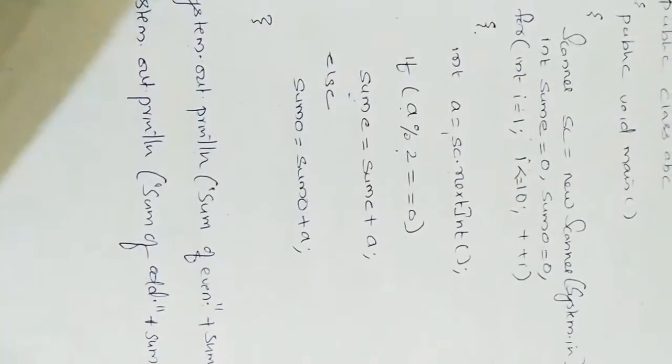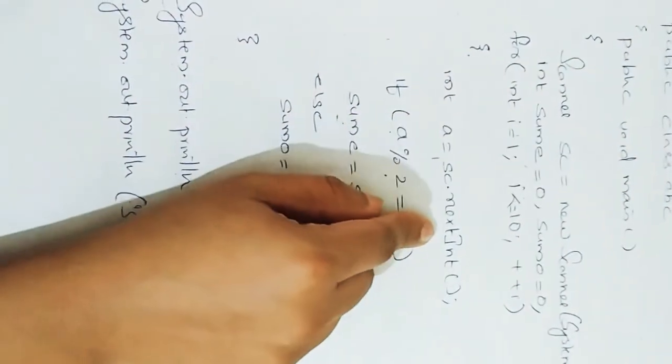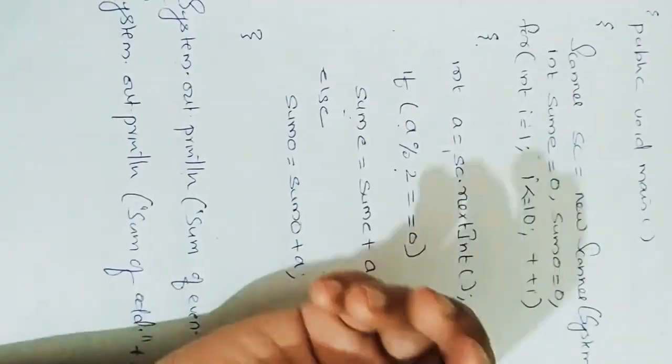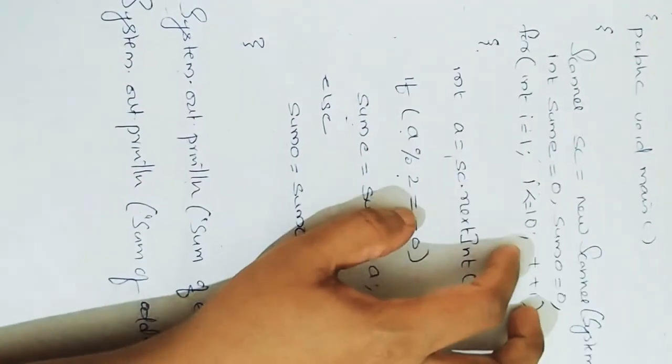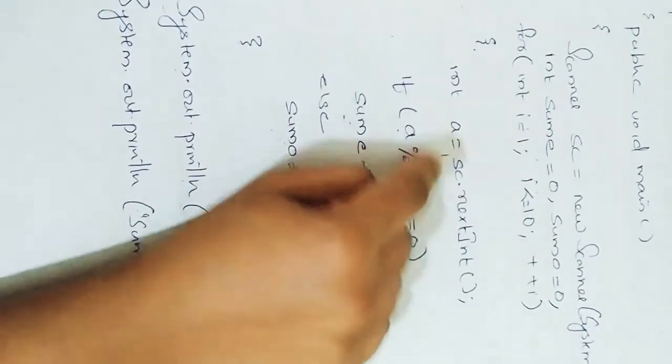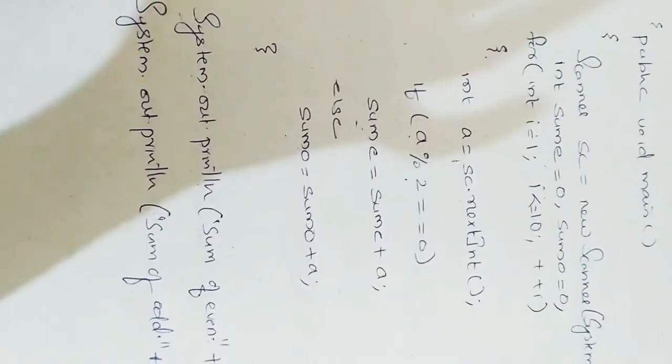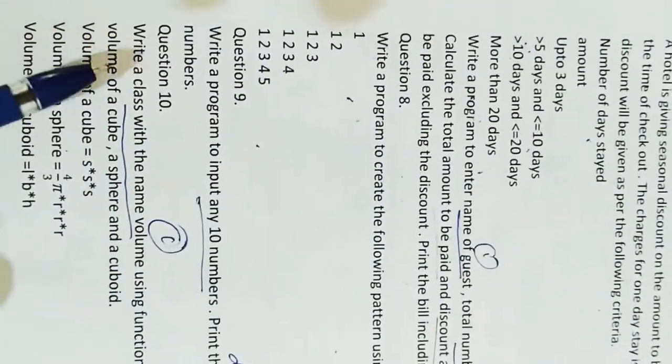It's a very easy program. Why do we write the accepting statement inside the loop? Because the user has to enter any 10 numbers, so we wrote a loop and then started to accept the input. Now moving to question 10.